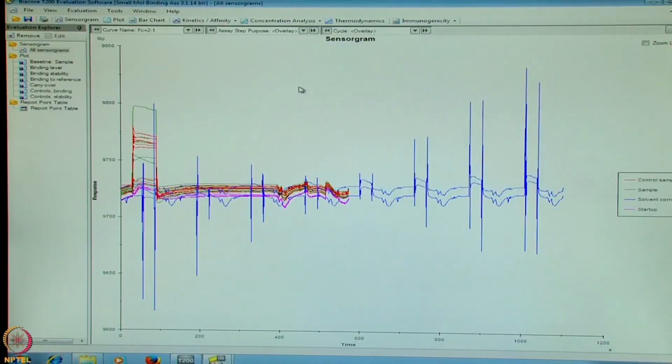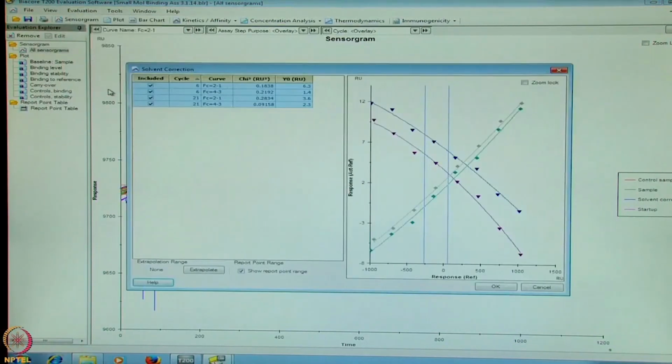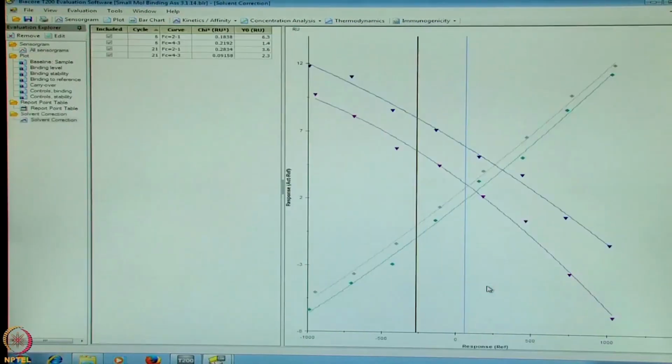Here first we have to go and add solvent correction, check the solvent correction data, and if the data is good enough we can say OK, and the data is subtracted for the solvent effect of DMSO.